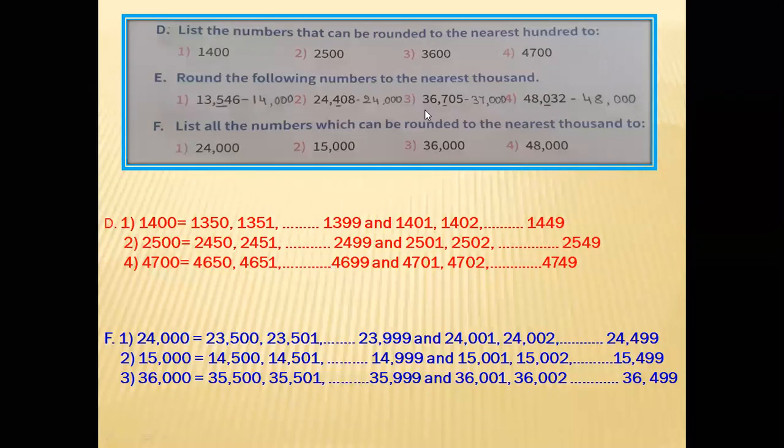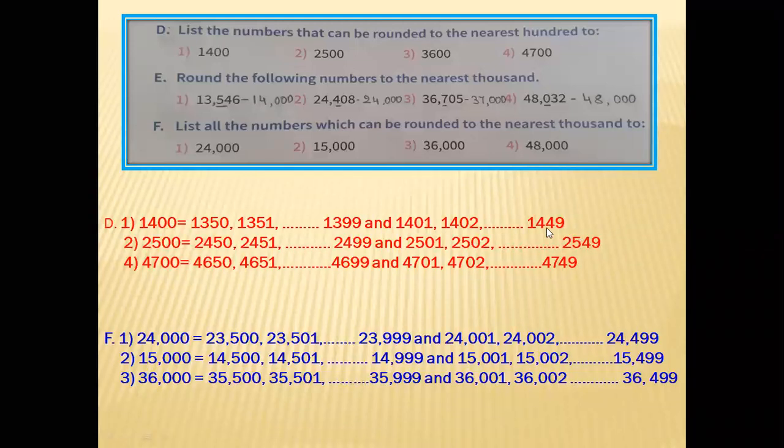Understood now? How can we list these numbers? Nearest to 100 means from here, nearest to 1,000 means this. Okay, see, one clue is there. Nearest to 100 means 50 numbers before, see here 1,400 is there. 50 numbers before 1,400 means 1,350. And 50 numbers after 1,400, but don't write up to 1450. 1450 is equal to 1500.